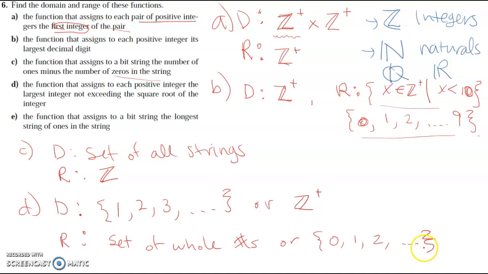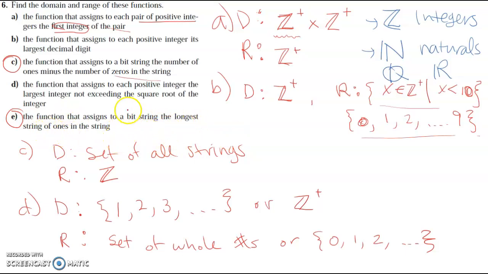For E, part C and E are optional, only for computer science students. The domain would be the bit strings: 0, 1, 0 1, 1 0, 1 1, all of those binary strings. The range would be the length of the longest string of ones in the string.